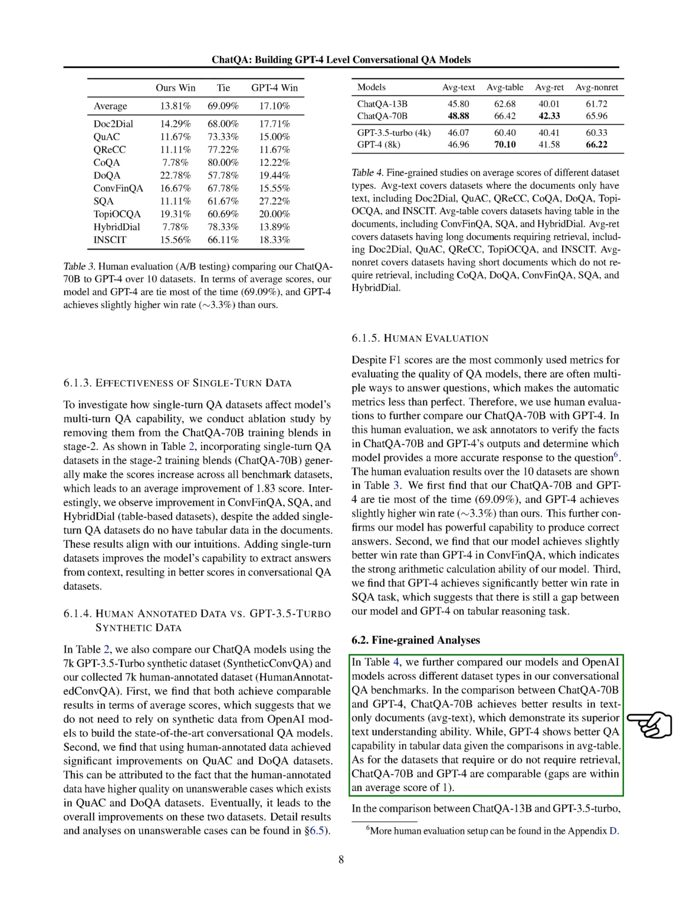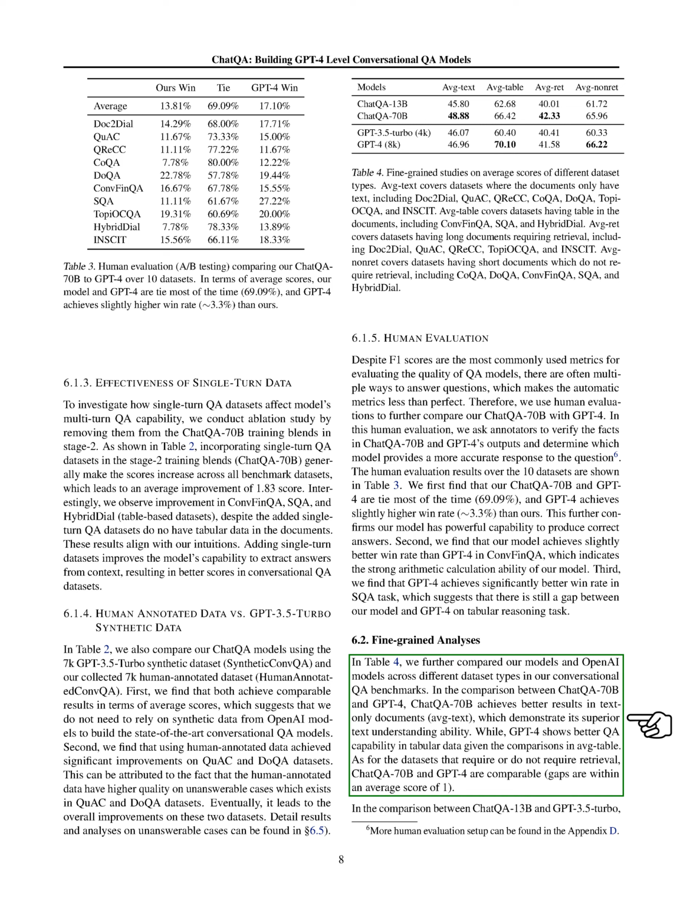We also compared our models with OpenAI models across different types of datasets in our conversational QA benchmarks. Our ChatQA 70B performed better in text-only documents, demonstrating its superior text understanding ability. However, GPT-4 showed better QA capability in tabular data.